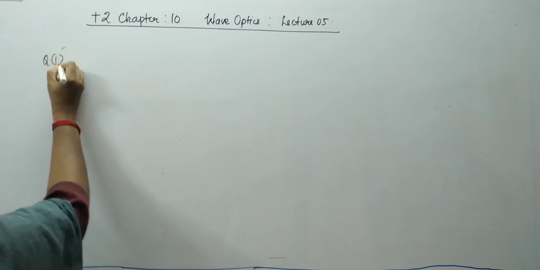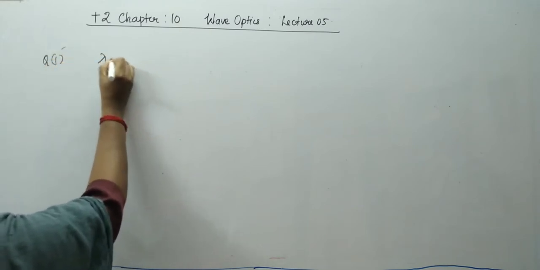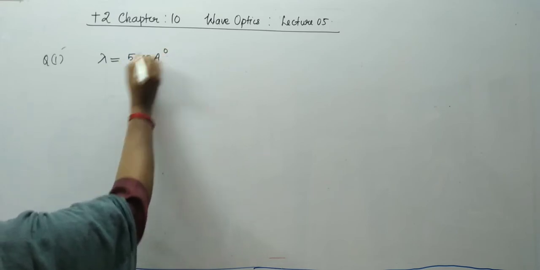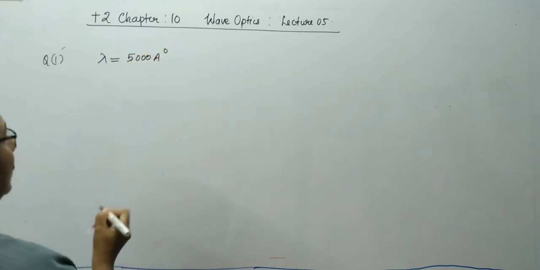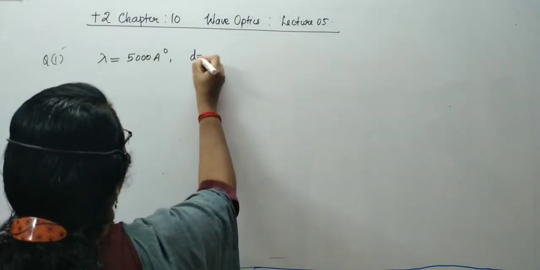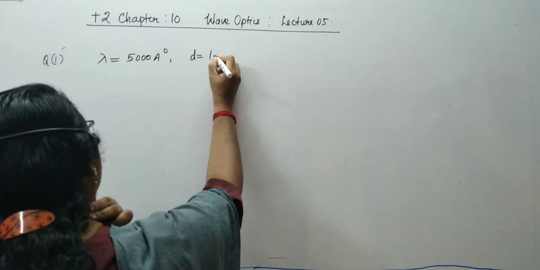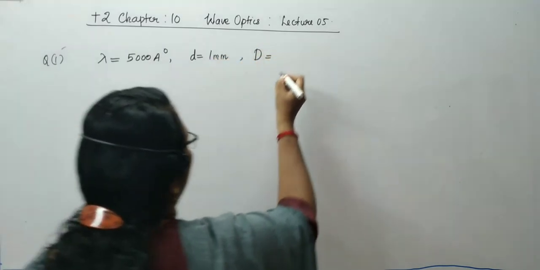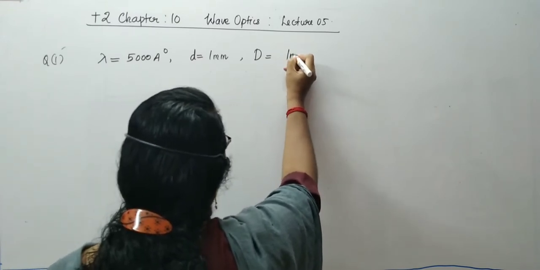Question number 1. For example, lambda is equal to 5000 angstrom, the wavelength of the monochromatic light. Small d, the distance between the two slits, is equal to 1 millimeter. Capital D is equal to 1 meter.